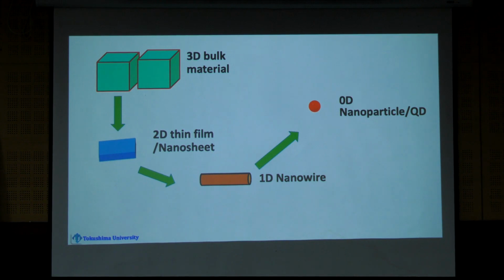How to fabricate these materials, what are the techniques, and whether we can use the bulk material to create two-dimensional, whether we can create one-dimensional using two-dimensional, zero-dimensional using one, and from zero dimension we can create this three-dimensional. Is it possible? Let's see.